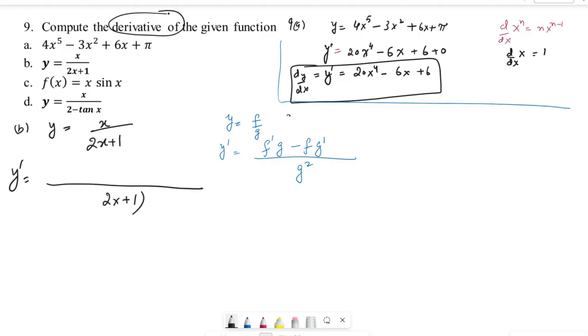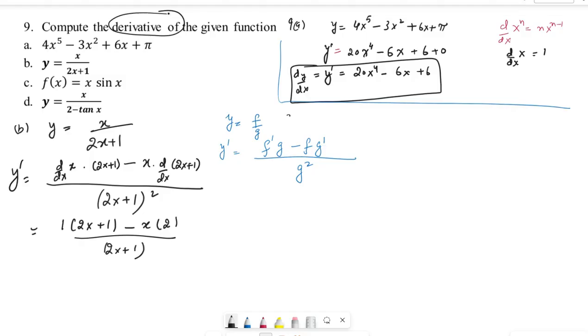2x plus 1 whole square, derivative of the numerator, which is x, times 2x plus 1 denominator, minus x times the derivative of 2x plus 1. Derivative of x is 1 times 2x plus 1 minus x times derivative of 2x plus 1, which is just 2. 1's derivative is 0.